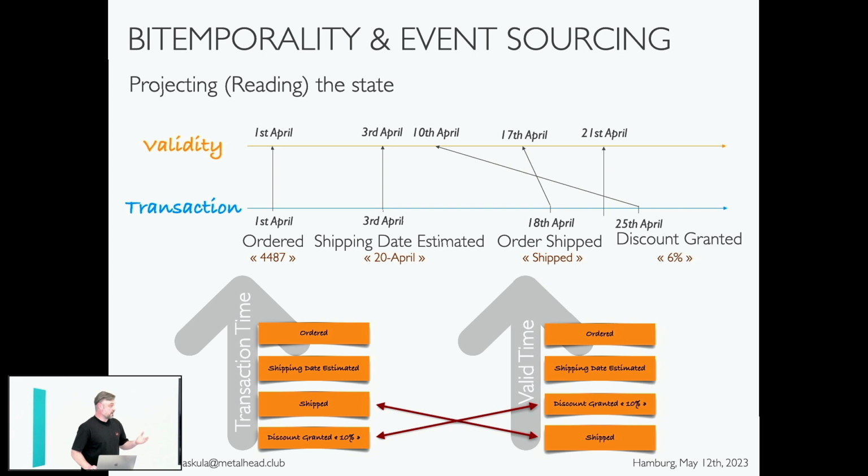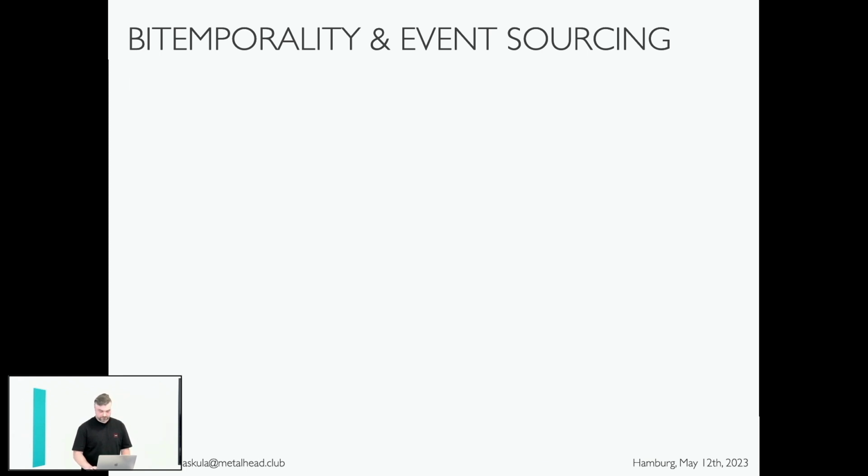And if we are taking into account the validity date, we have to reorder them to be sorted by validity. But again, this is for an event store that I am aware of. It's not something that can happen on the event store level. You have to deal with this on the application level, and it adds complexity.